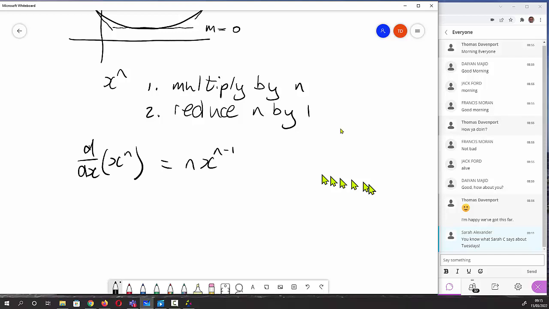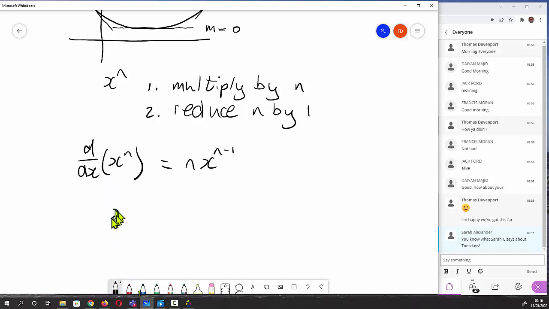Okay, so let's just say that again. We've got x to the n, and what we're going to do is multiply by n, so we take the n and multiply there, and then we reduce n by 1.